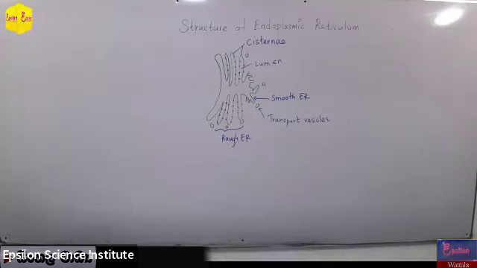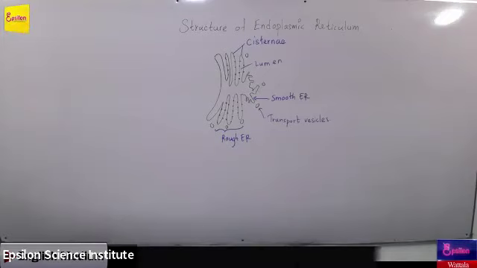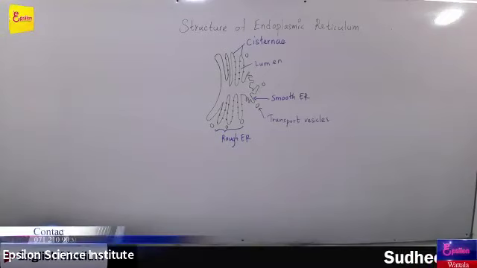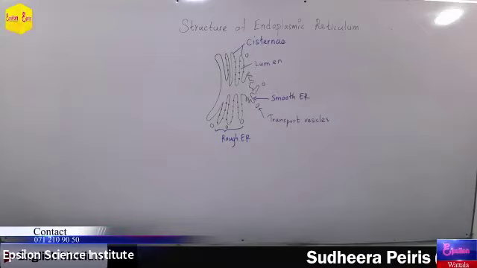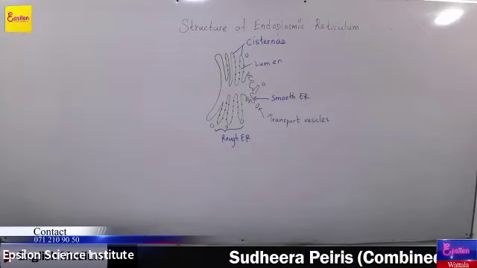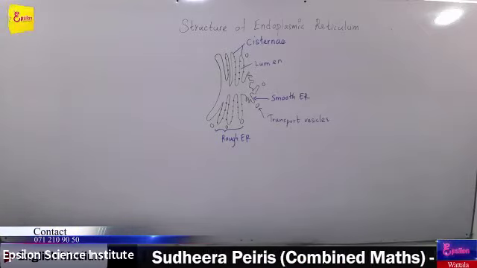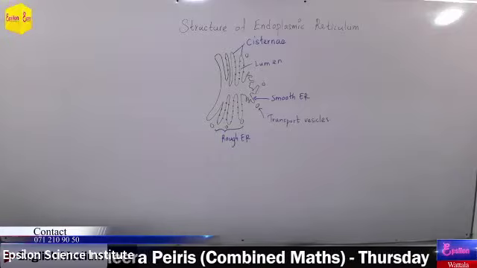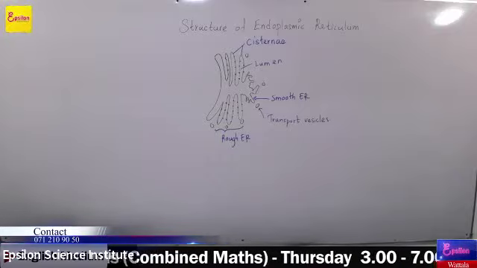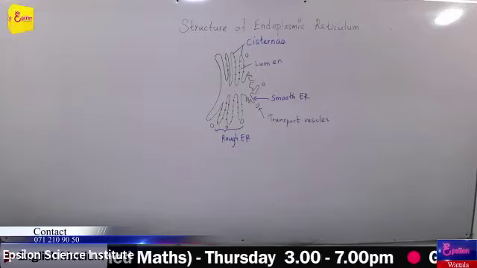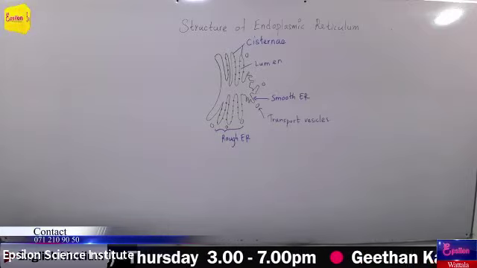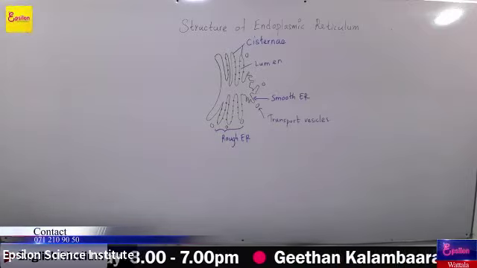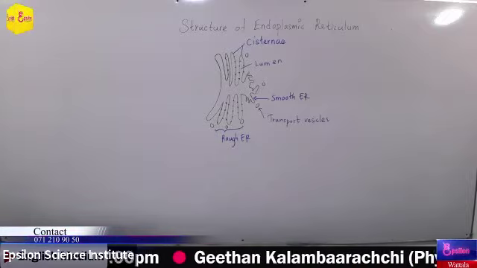Finish. Write about smooth ER and rough ER. Write the topic rough ER. It is a single membrane bound organelle.